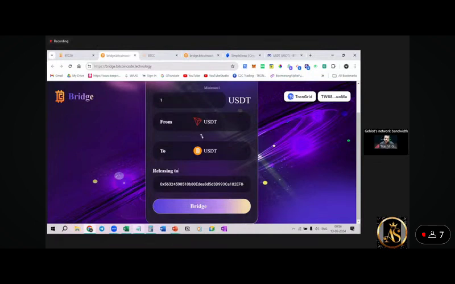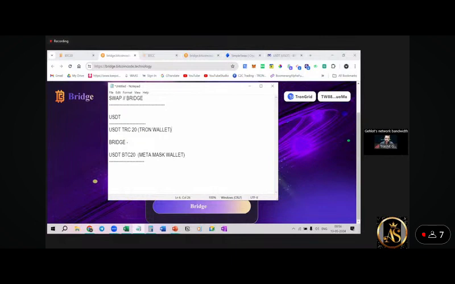But to bridge in, you require gas fees as well, and these gas fees will be deducted on both blockchains. You will require gas fees in terms of Tron on your Tron wallet, as well as whatever USDT you want to transfer, in TRC20. So this is the bridge-in feature that you can use.